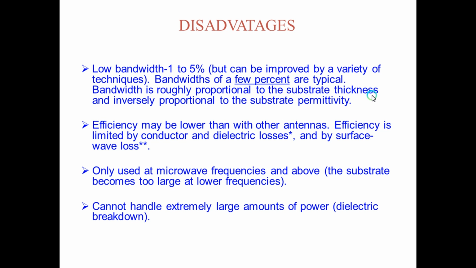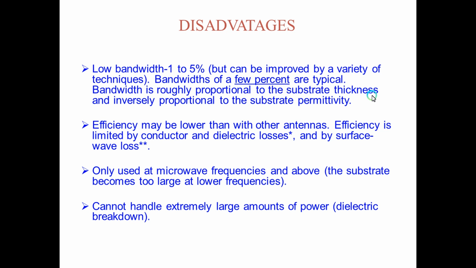The microstrip patch antenna is only used for microwave frequencies and above. It is not suitable for below microwave frequencies, and it cannot handle an extremely large amount of power. It handles only a small amount of power, so it is well suited for mobile communications.